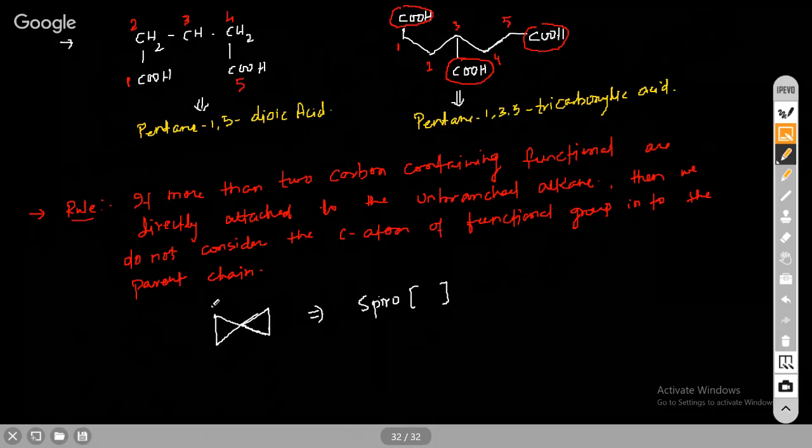So we start numbering from here 1, 2, then 3, 4 and 5, like this. So spiro, it is pentane, and here we'll write down the number of carbon atoms present here, that is 2 in one ring, 2 in another ring. This carbon we don't count, but in this case we'll write down the numbers in ascending order.